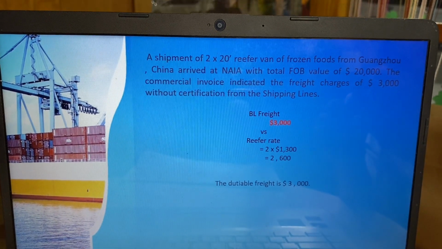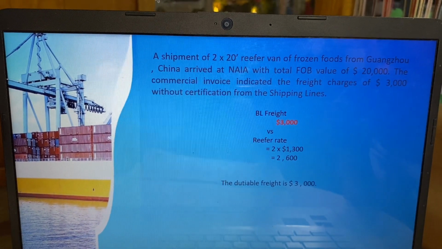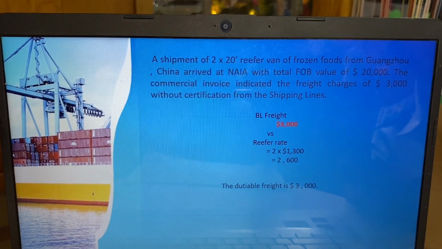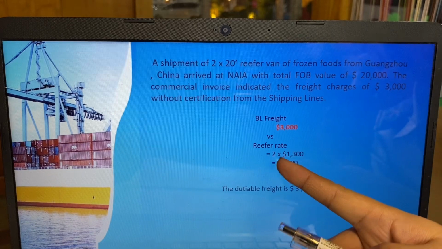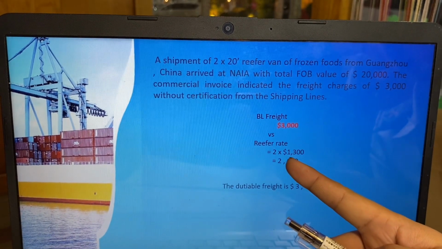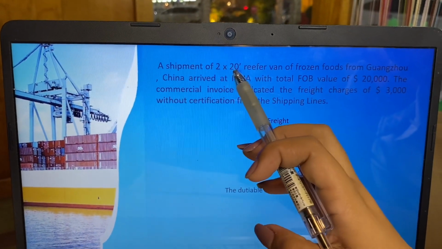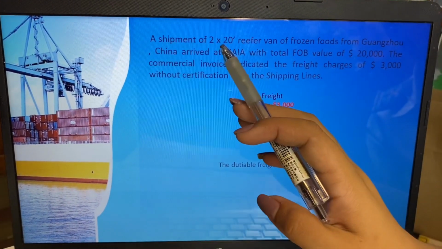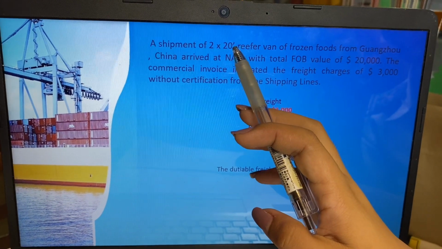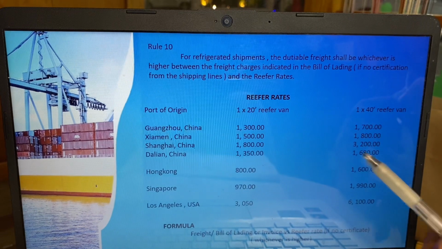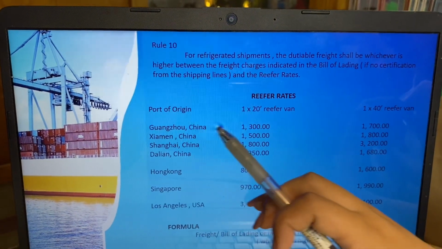Now for the reefer rate, why is it 2,600? It's because it is 2x20, so two 20-footer container vans. Why 1.3? It's because it's from Guangzhou, China, using a 20-footer van.